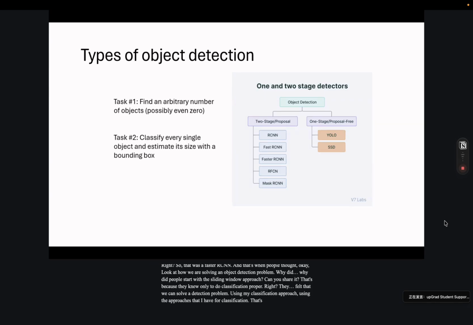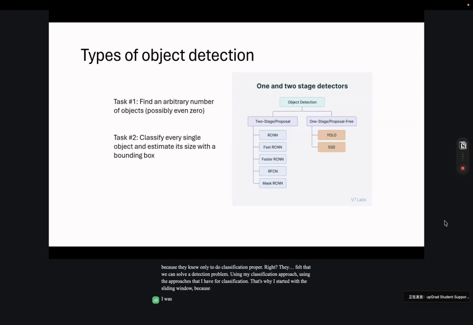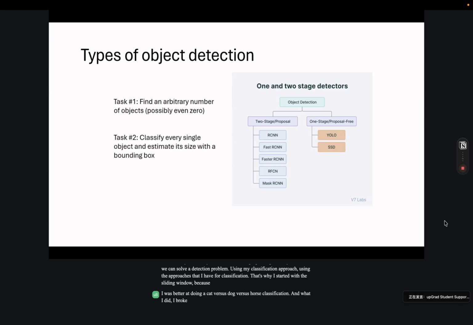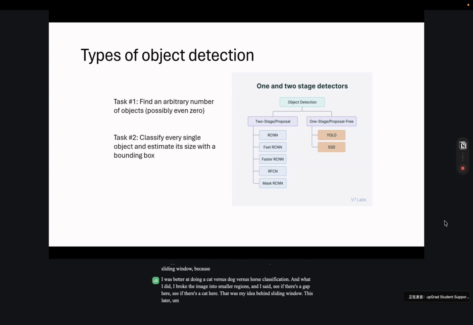That's why I started with a sliding window, because I was better at doing cat versus dog versus horse classification. And what I did, I broke the image into smaller regions and said, see if there's a cat here, see if there's a cat here. That was my idea behind the sliding window, which later evolved into the RCNN, where I just came up with sophisticated ways to create that initial box saying, here is probably where my object is.